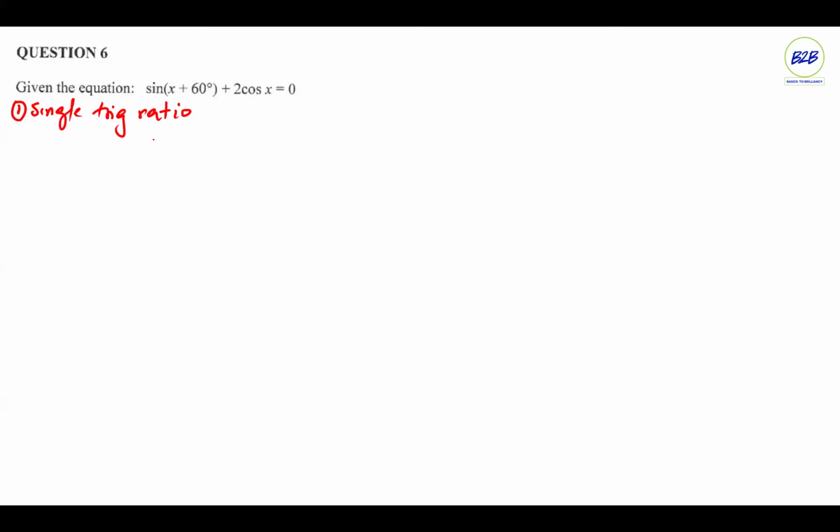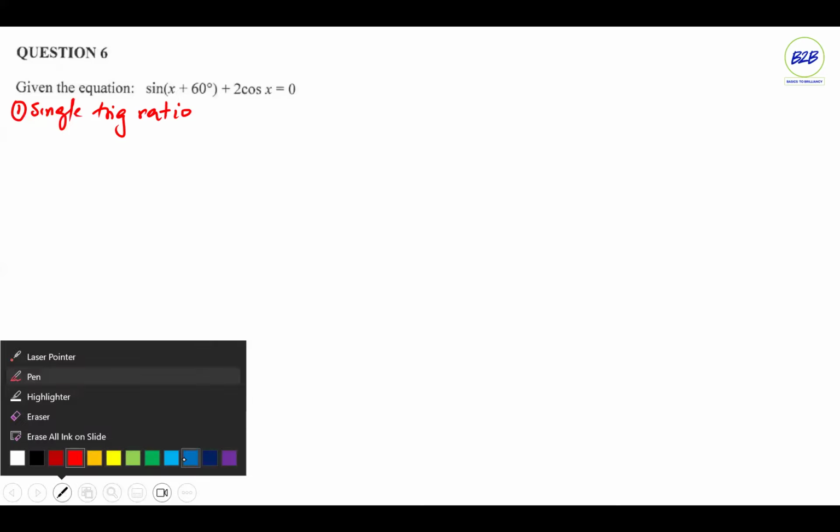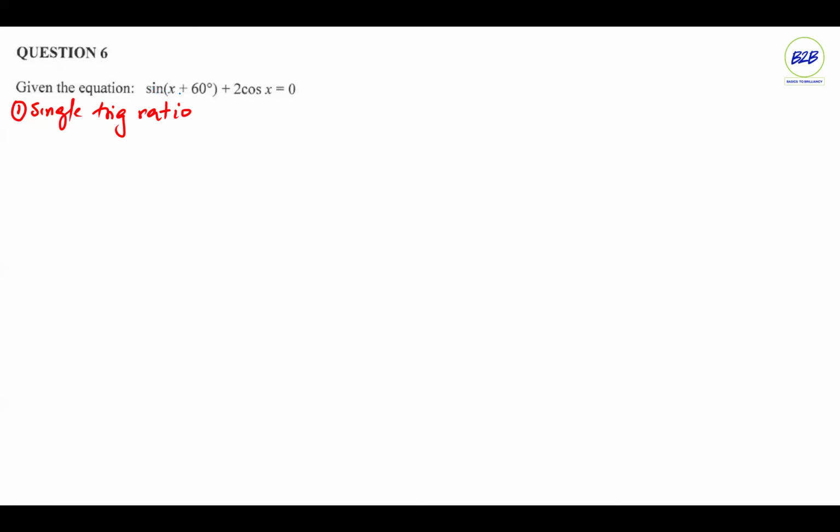Expansion method using what? Using the compound angle of sine. So that will be sine of x cos of 60. It's a plus, so it remains as a plus even here. Then it becomes cos of x, then sine of 60. Right? Then we say plus 2 cosine of x, all equal to 0.